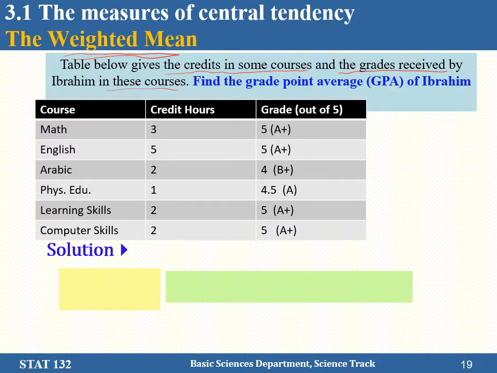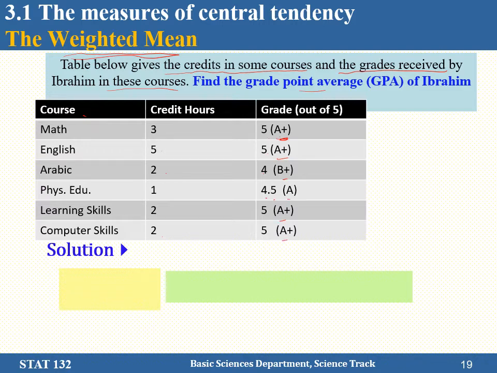It says find the grade point average of Ibrahim. So these are the credit hours for each course, and these are the grades he got, like 5, 5, 4, 4.5, corresponding to letter grades like A plus, A plus, B plus, A plus, A plus.